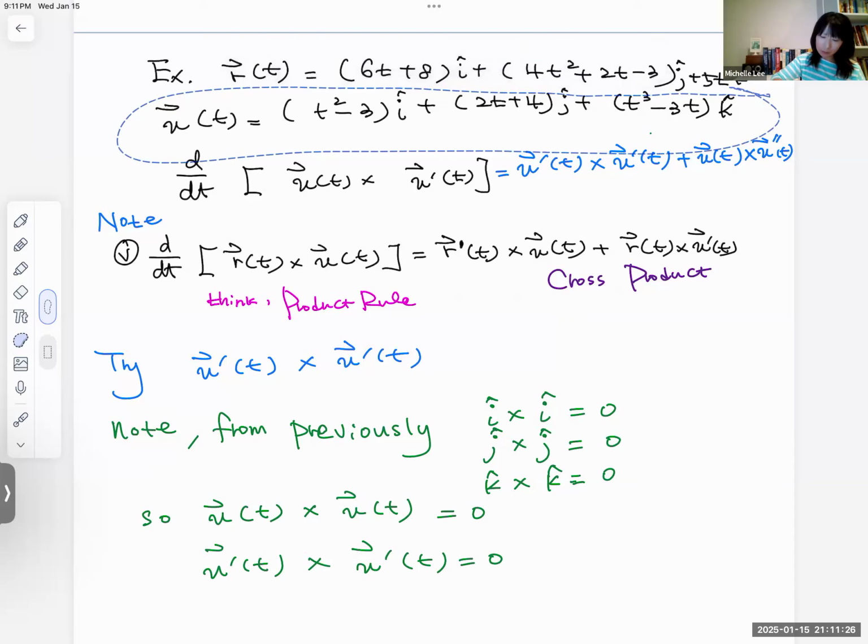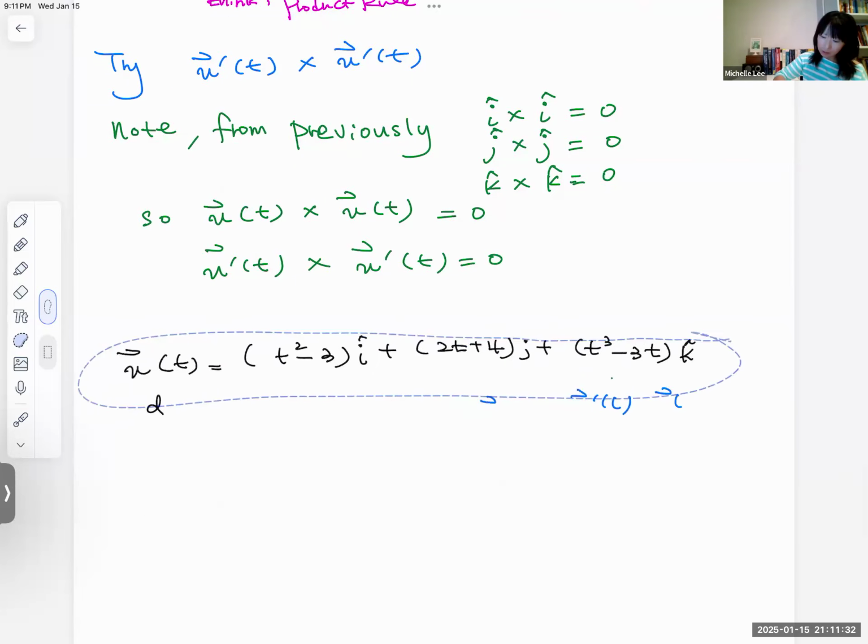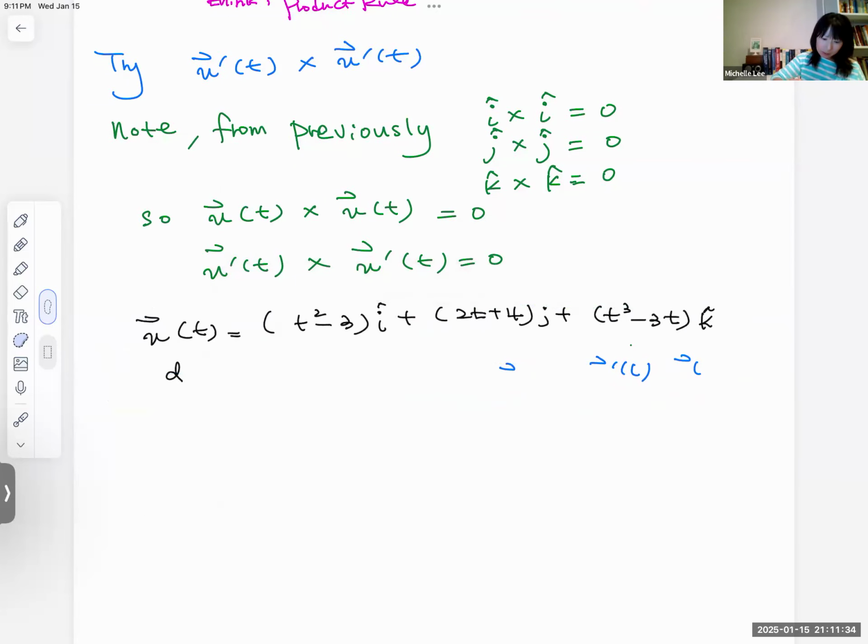In order to find u second prime, we have to have u prime.